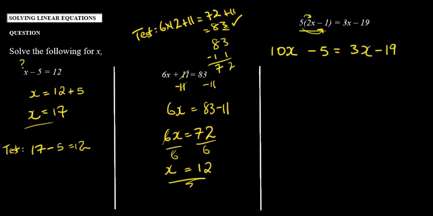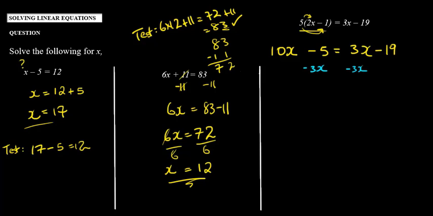Now if I'm going to solve for x, if you look at the previous ones we did, x was by itself on one side. So that means I need to get x by itself before I can solve for it. So if I have 3x over here, to get rid of it, I would subtract 3x. I would subtract 3x on this side, and I'd also subtract 3x on this side to keep it balanced.